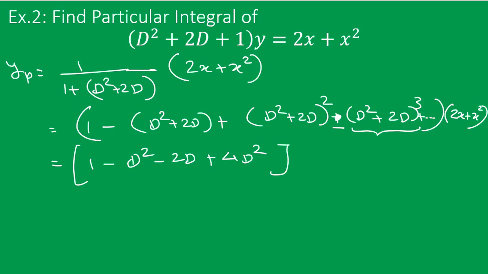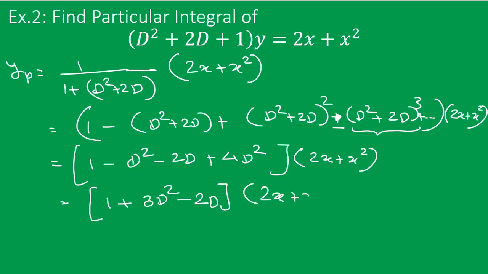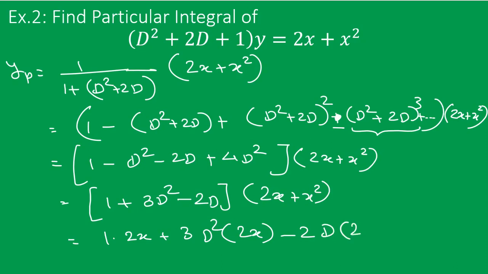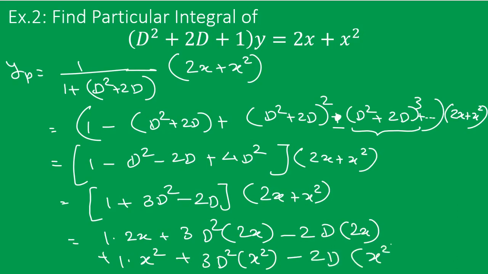We have to operate only these terms on 2x plus x square. So this is 1 plus 3d square minus 2d operates on 2x plus x square. Now we can separately operate these terms: 1 operates on 2x, plus 3d square operates on 2x, minus 2d operates on 2x, plus 1 operates on x square, plus 3d square operates on x square, minus 2d operates on x square.